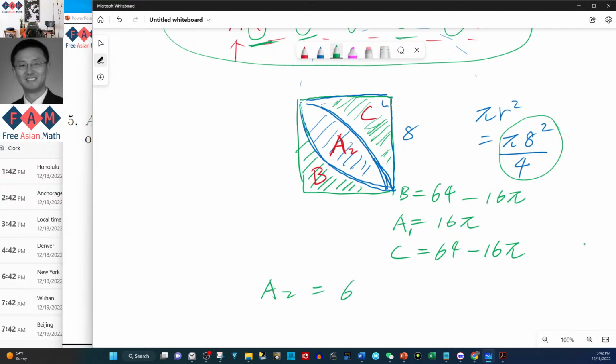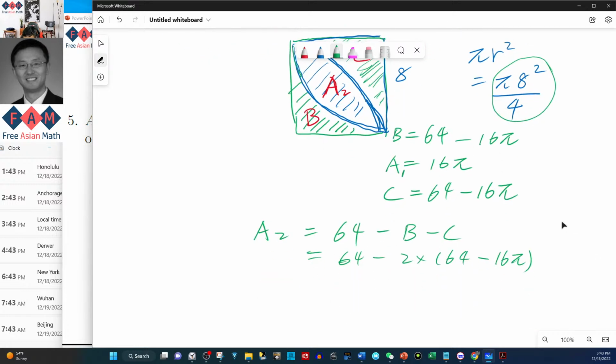Now it's 64, which is the total, subtracting B and C. Okay, so that is 64 subtracting 2 times (64 minus 16 pi). So from here, with a little bit of manipulation, you can see that this would be 32 pi minus 64.